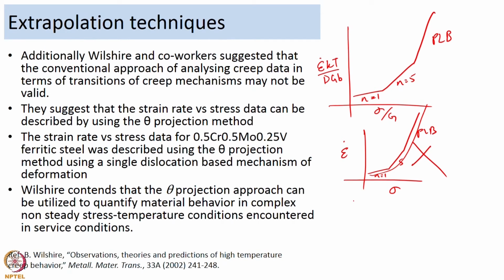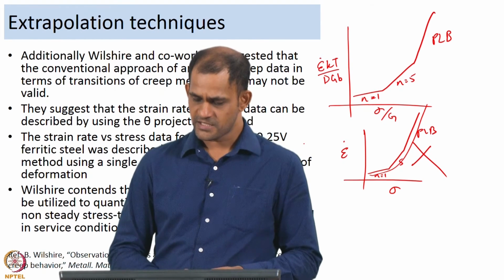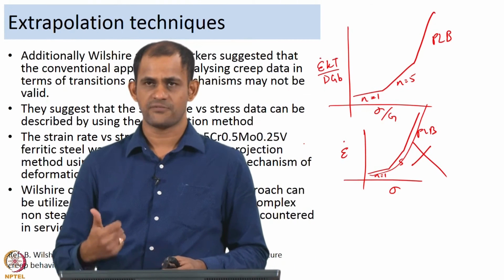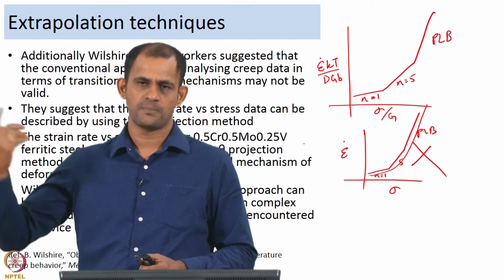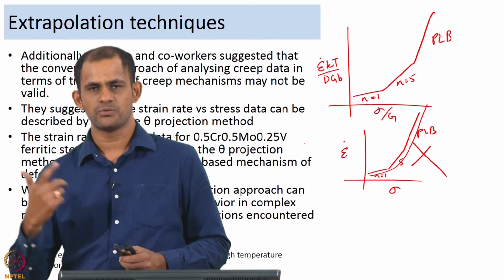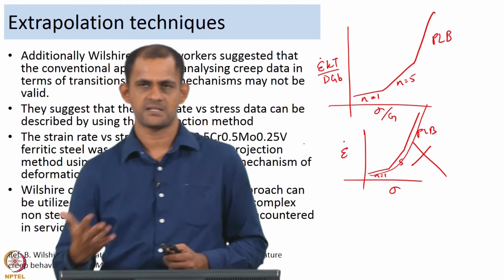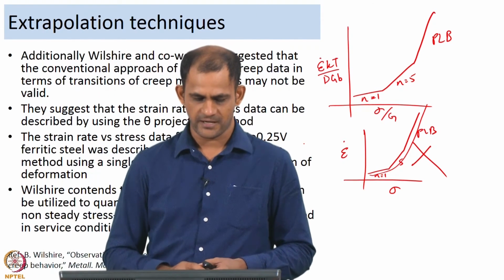They demonstrated their concept through strain rate versus stress data for a ferritic steel, and they suggest instead of looking at several mechanisms such as diffusion creep, dislocation creep, power law breakdown as different mechanisms, you can use a single dislocation based mechanism and describe your entire data.